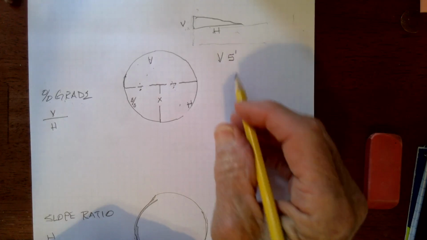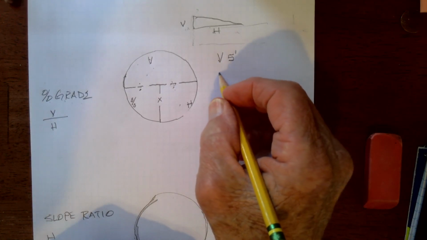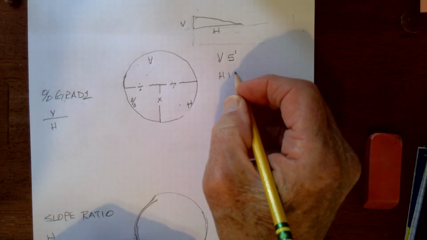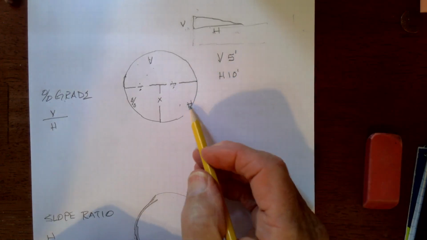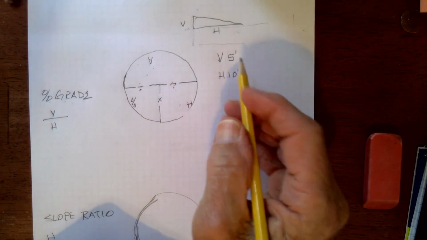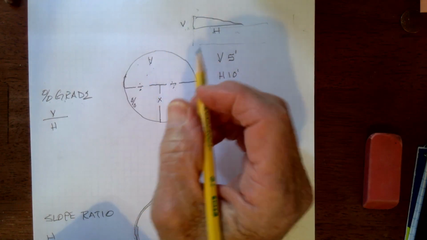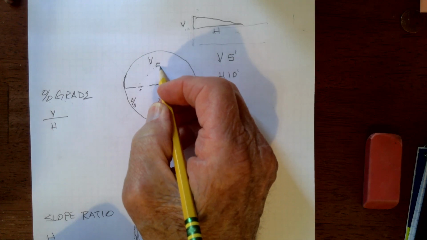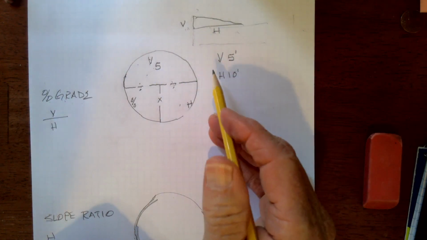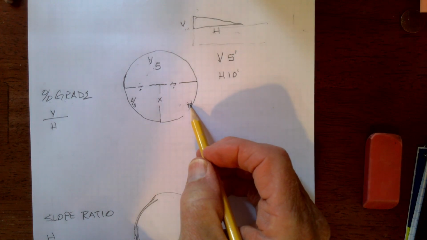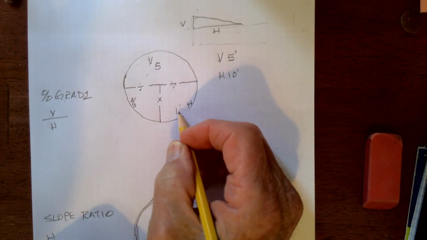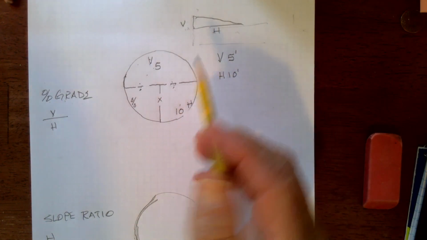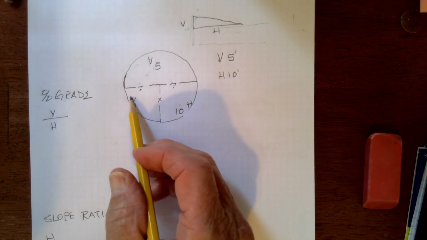That would be a depth of it, and it has a horizontal distance of 10 feet. Now, we know the vertical is 5, so we put 5 here, so we have a number. We know the horizontal is 10 feet, so we put 10 here. Okay? Now then, this is our X factor.